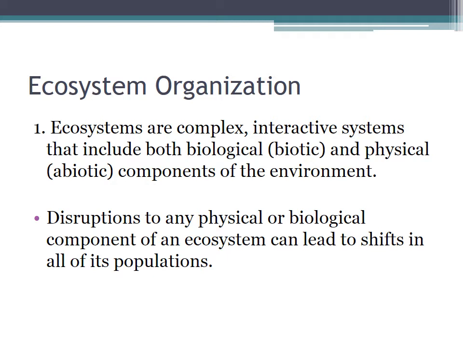Disruptions to any physical or biological component of an ecosystem can lead to shifts in all of its populations. So if there are changes in the abiotic or biotic components of that ecosystem, then the populations can change.